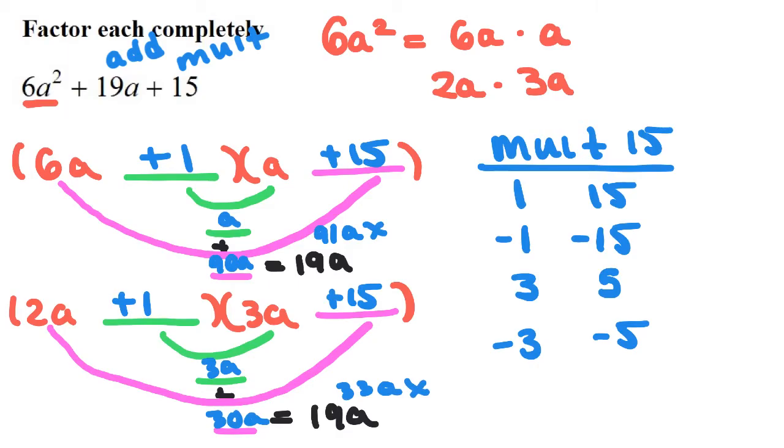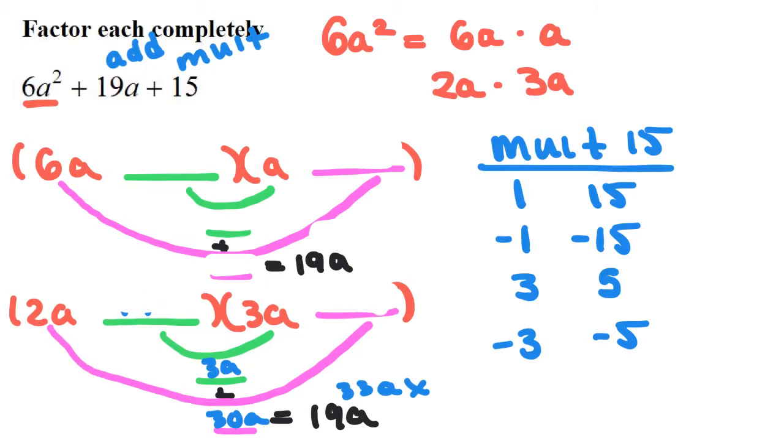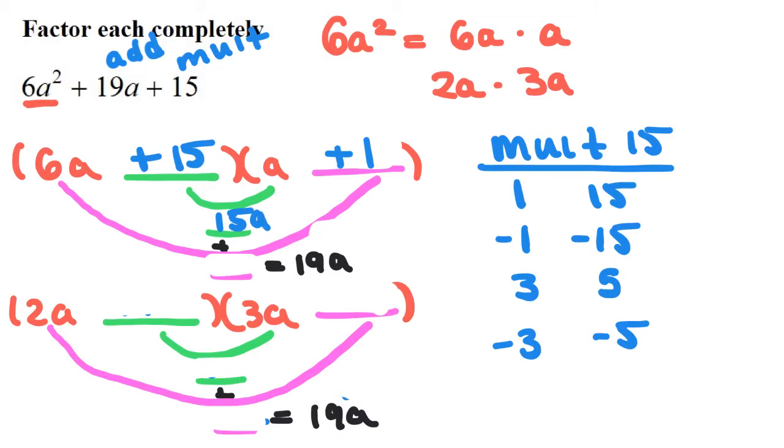Now let's try switching the order. So now instead I'm going to put plus 15 and plus 1. So if I do that, this gives me 15a, and 6a times 1 gives me a value of 6a.